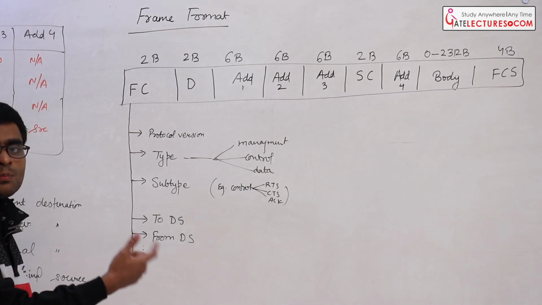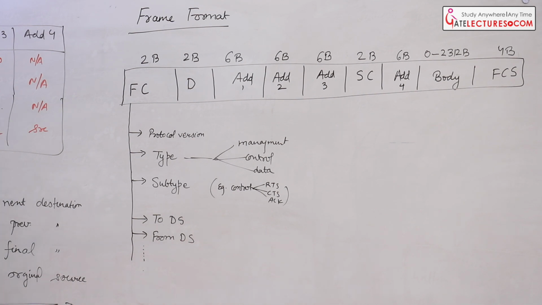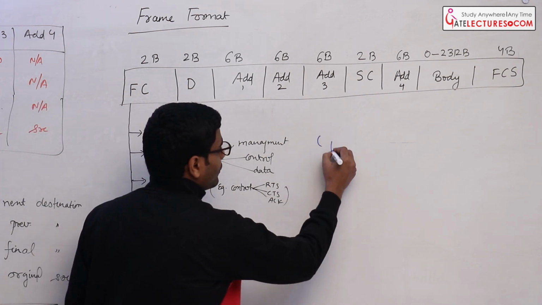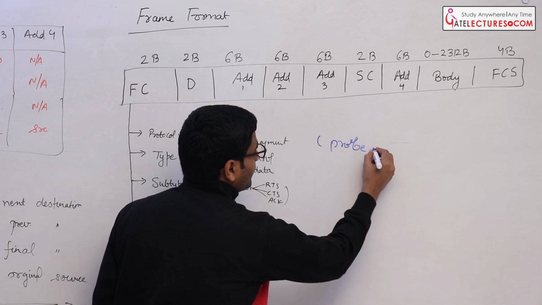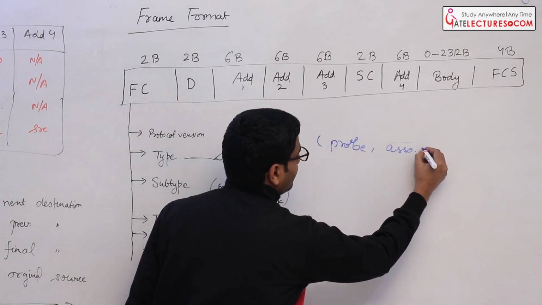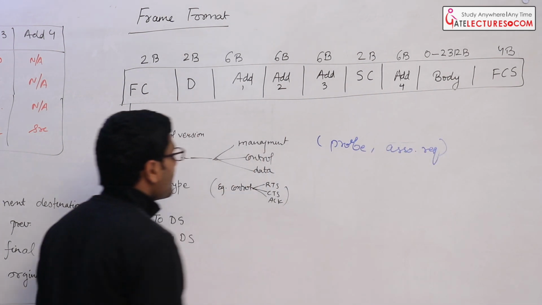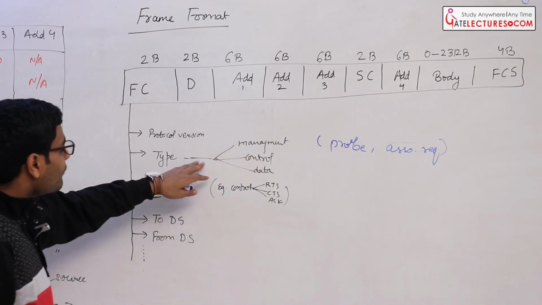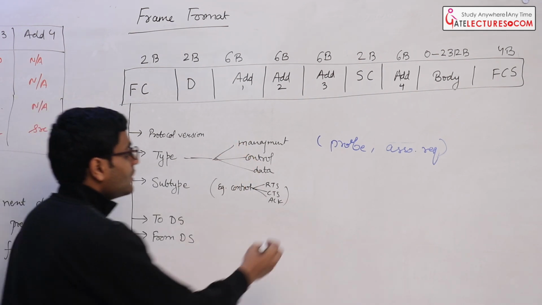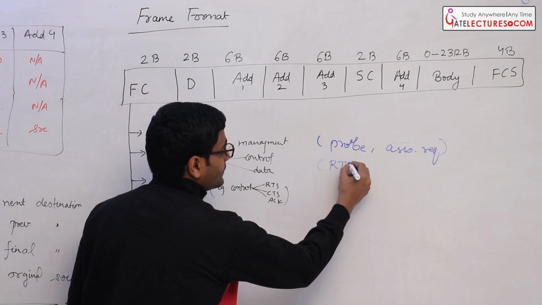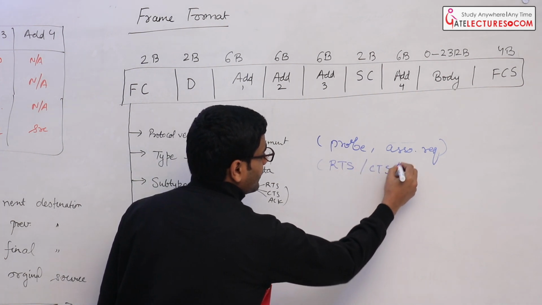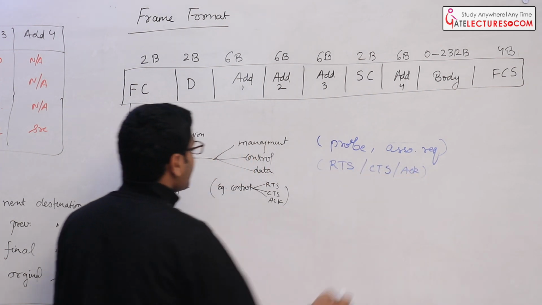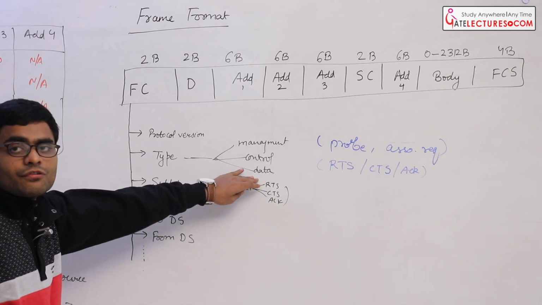For that, it sends the probe frame and associate request frame. All these are management frames. The next type of frame is the control frame, which are RTS, CTS, and acknowledgement frames. All these are control frames, and then we have the data frame.